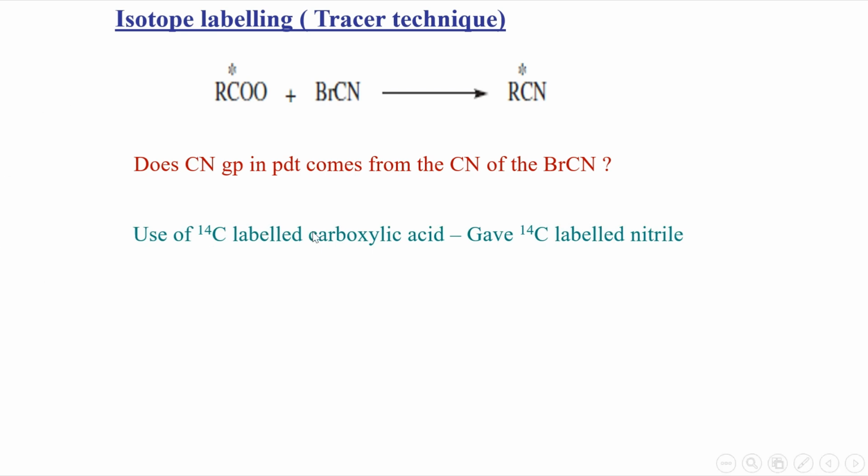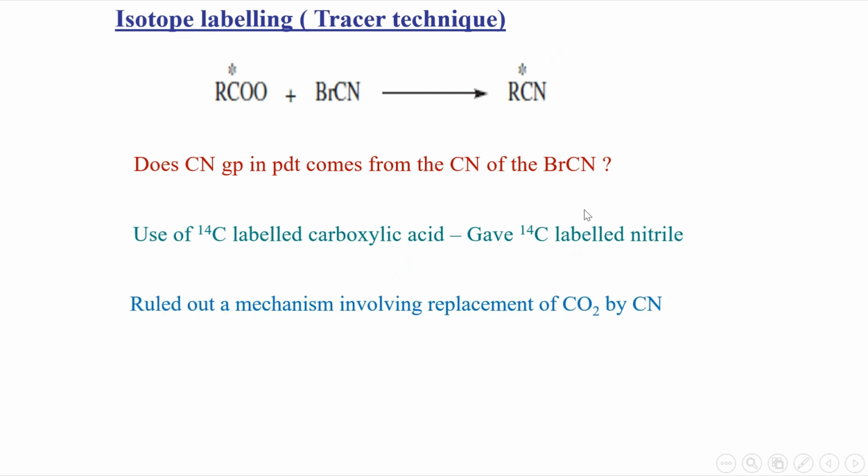We use C14 labeled carboxylic acid and it gives a nitrile with the C14 labeled carbon. Then simple substitution of carbon dioxide by cyanide is ruled out. There is another mechanism that we can propose. This is how we determine the mechanism of the reaction.